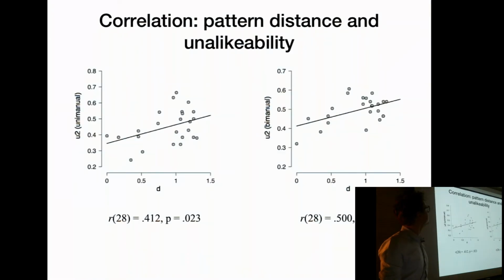So we correlated that distance measure of the multidimensional scaling with the coefficient of unlikability, and it turns out that in both modes they're positively and significantly correlated. And so we interpreted this result, I think this suggests that there is more consensus in how to synchronize to highly codified rhythmic patterns such as the four to the floor.